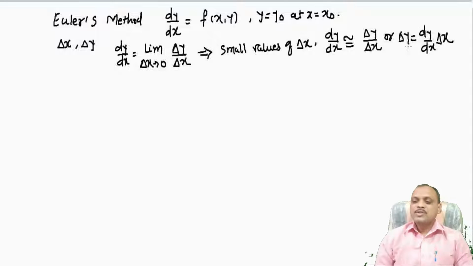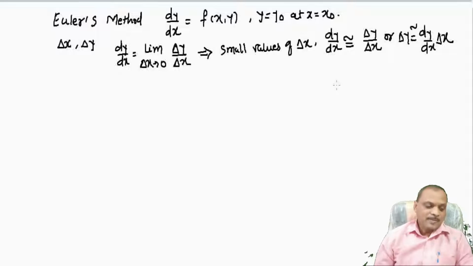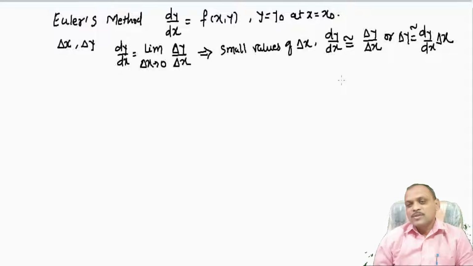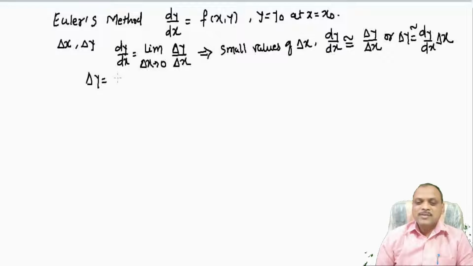This is an approximate equality for very small values of x. Here delta y equal to f of x, y times delta x, and we consider this delta x as h, so delta y will be h into f of x, y.